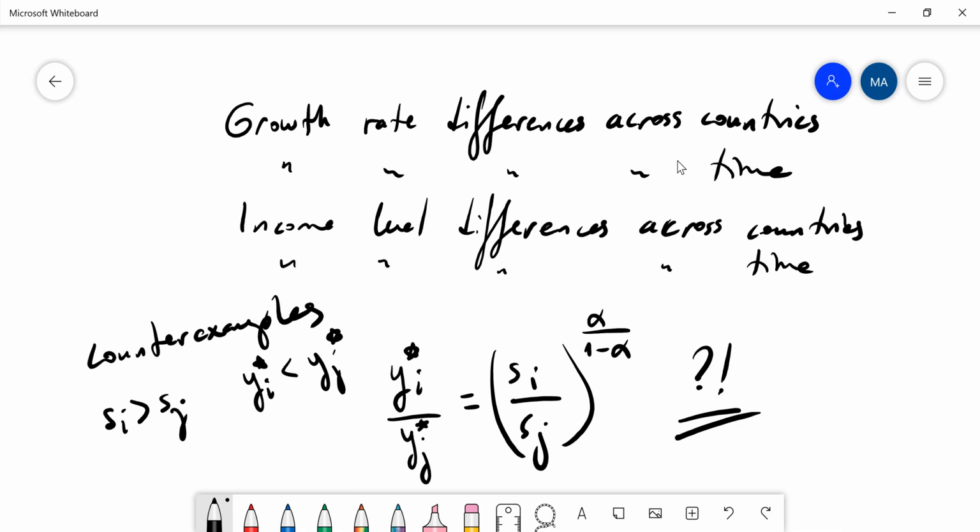Okay, so there could be many different counterexamples to this problem, but at least I know such a model, if extended and if made more realistic in certain aspects, can help me understand some of the growth facts.